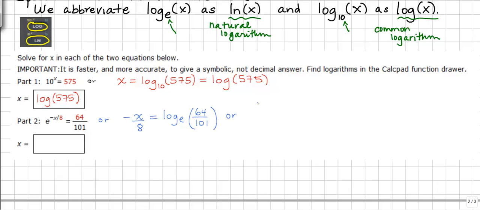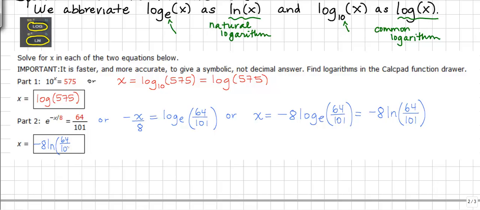And continuing to solve for x, we would multiply both sides by negative 8. And you can leave it like this, or you can use the shorthand natural log notation and write x equals negative 8 natural log of 64 divided by 101. And again, yes, those parentheses are very important, especially in WebAssign. Okay.